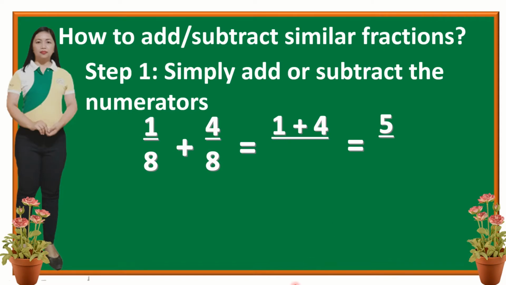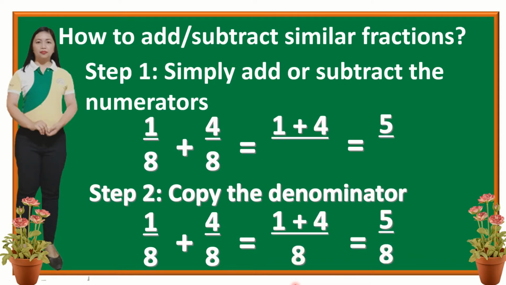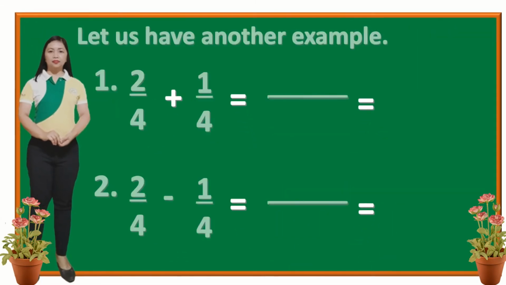Mom, what about the denominator? So step 2, copy the denominator. And your answer is 5/8. 8, you just copy them. Only one of the 8. Do not copy the two 8s. Okay? Did you get me?